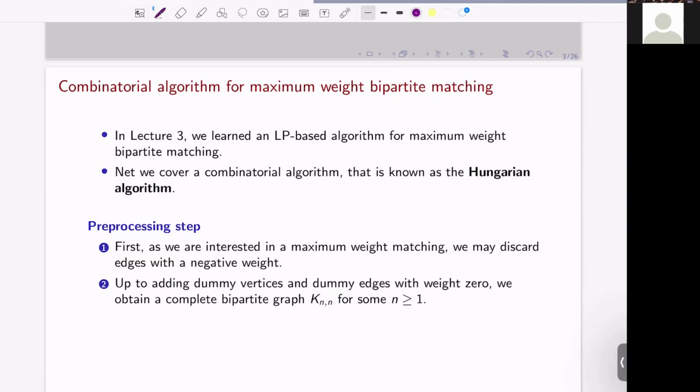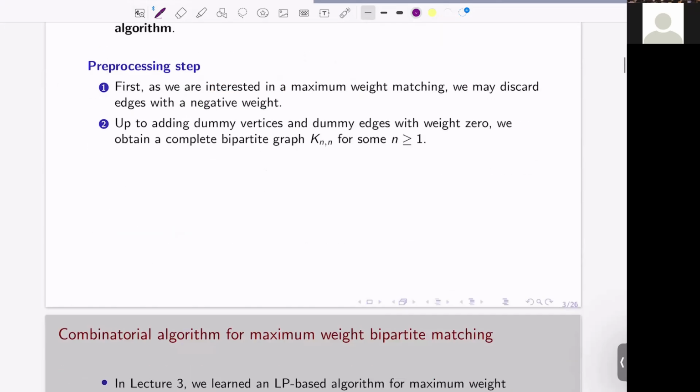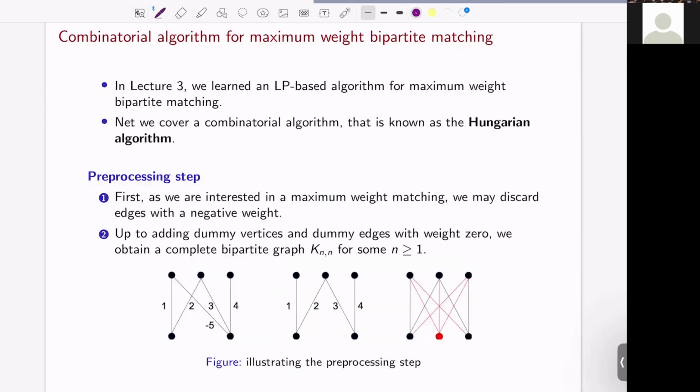So we just deal with this complete bipartite graph and apply the Hungarian algorithm, and we can ignore whatever dummy vertices and dummy edges we added before. That is the idea. Let me explain the pre-processing step with this figure. We have a bipartite graph where one side has 3 vertices and the other side has 2 vertices.